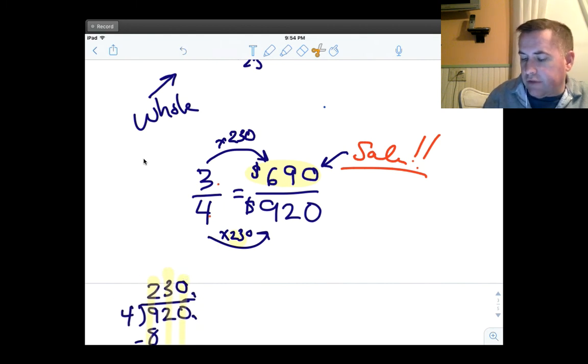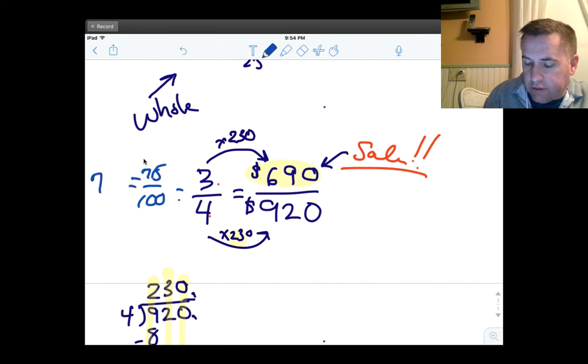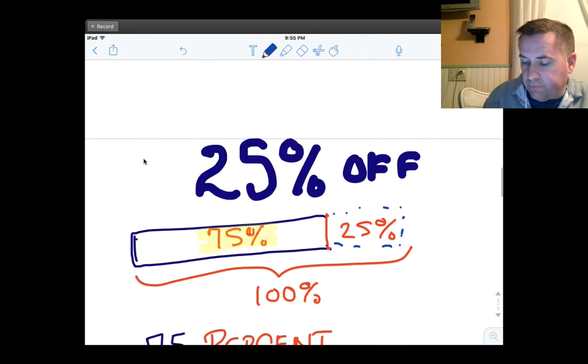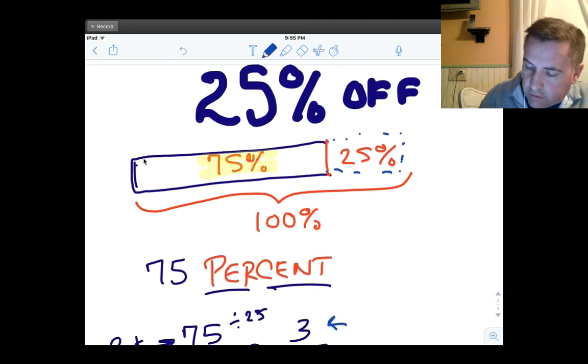So 4 times 230 is 920. Multiply the top, 3 times 230 is 690. Well, 690 out of 920 is equivalent to 3 out of 4, which we already know is equivalent to 75 out of 100, which is equivalent to 75%, which is the part that you are responsible for paying.